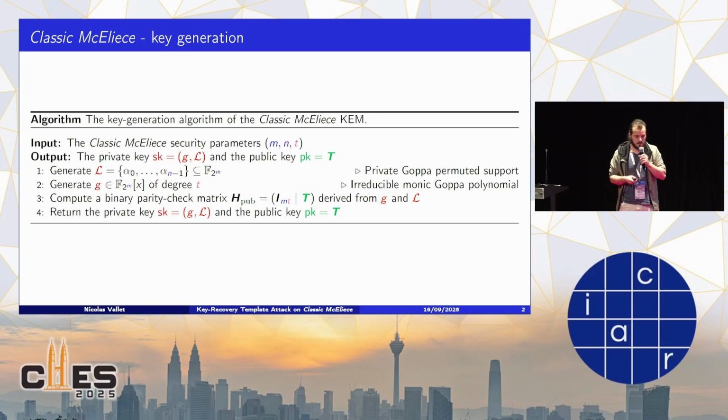And then it will exploit g and L to compute a binary parity check matrix, H pub, which is the concatenation of the identity matrix and matrix T. And finally, it will return the private key, which is equal to g and L, and the public key, which is equal to T.